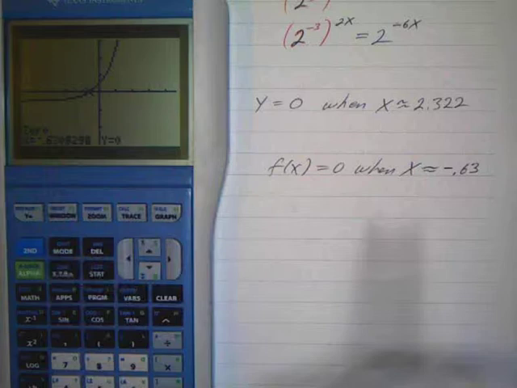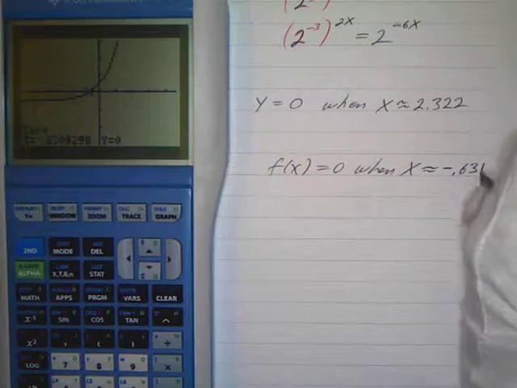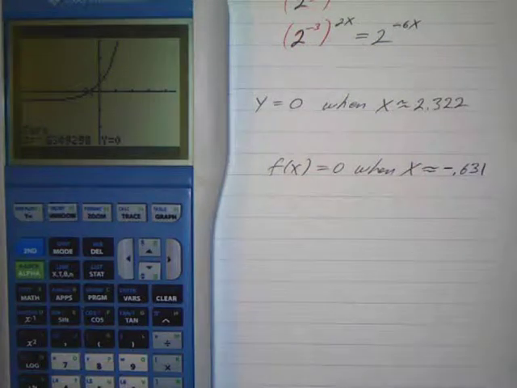Yes, it is, so I'm going to add 1 to the 0 and make that 1. So that's the 0, approximately 0.631. Okay. And that's when the function is 0. Okay, so if that makes sense.